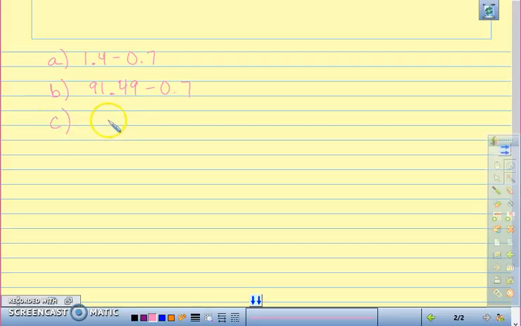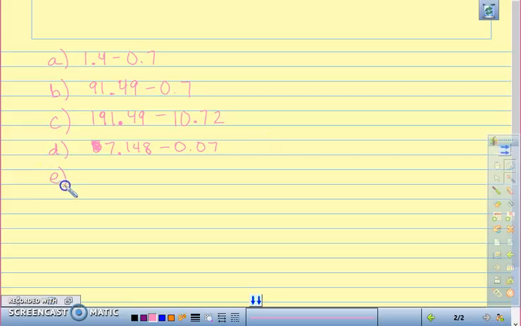C is 191 and 49 hundredths minus 10 and 72 hundredths. Letter D is 7 and 148 thousandths minus 7 hundredths.